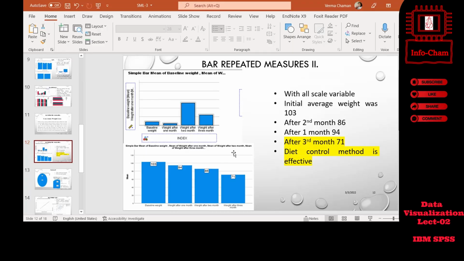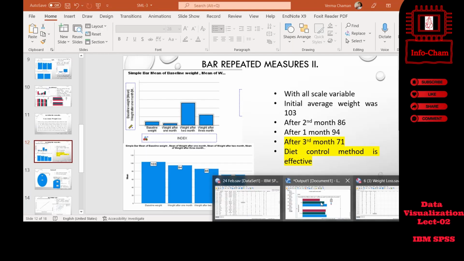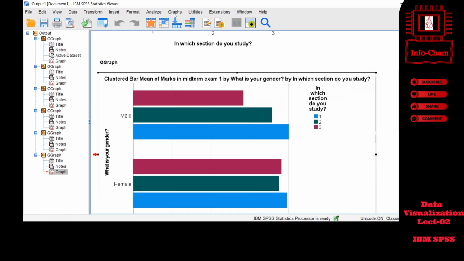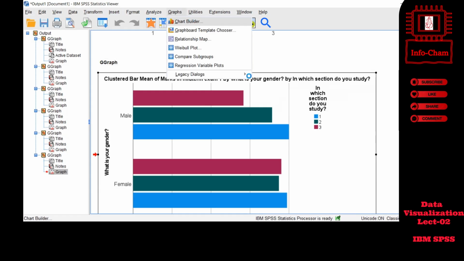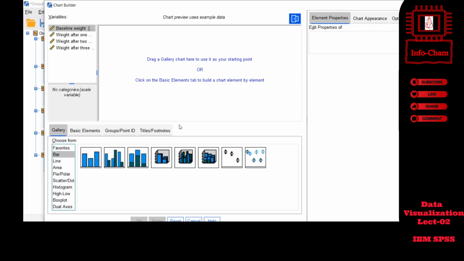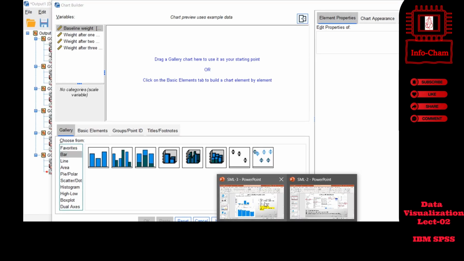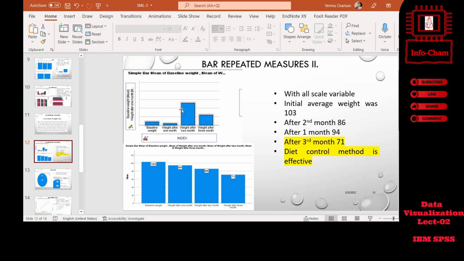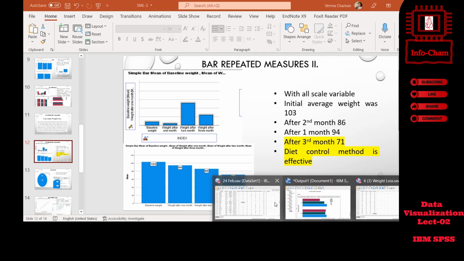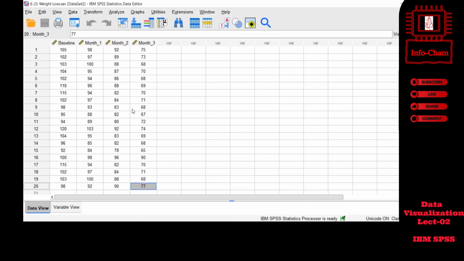Okay, let's see how we can make a graph. Go to the graph chart builder and try to reset. Yes, it is already reset. So what I can do now, we have to consider, can you see here what type of data I have?